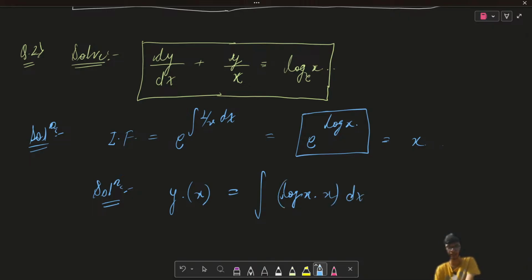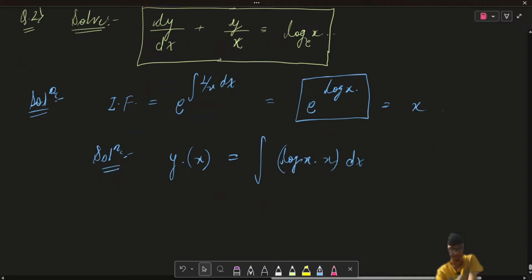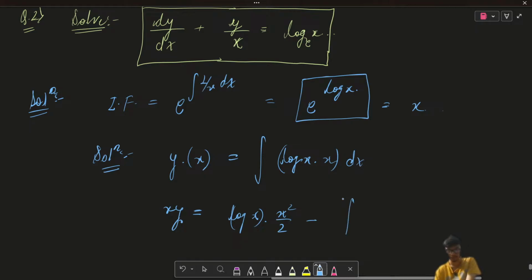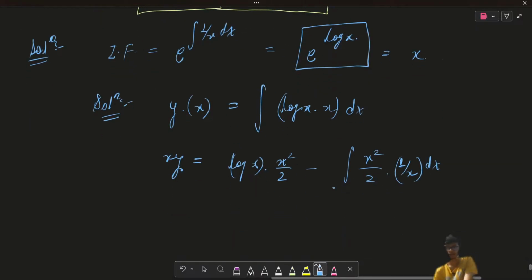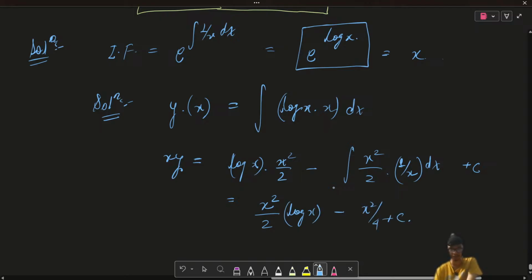Applying integration by parts, the solution is x into y equals x square by 2 into natural log of x, minus integration of x square by 2 into 1 upon x dx, plus some constant c. That comes out as x square by 2 into natural log of x minus x square by 4 plus c equals xy. So this is going to be the general solution.